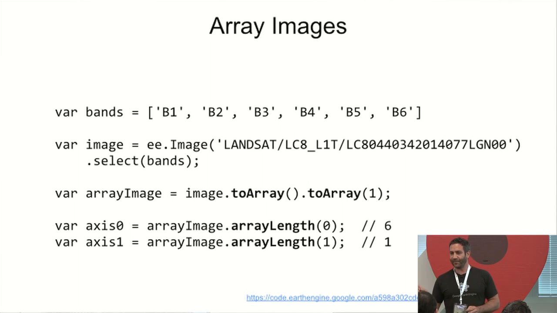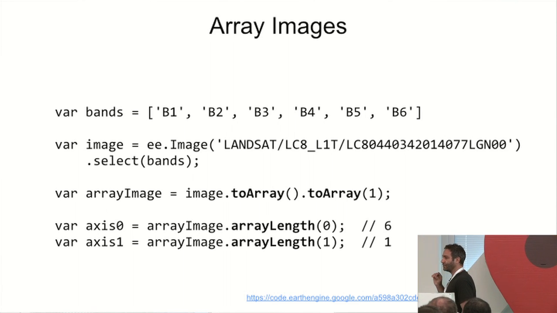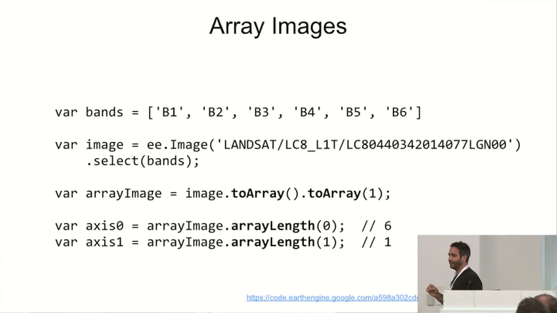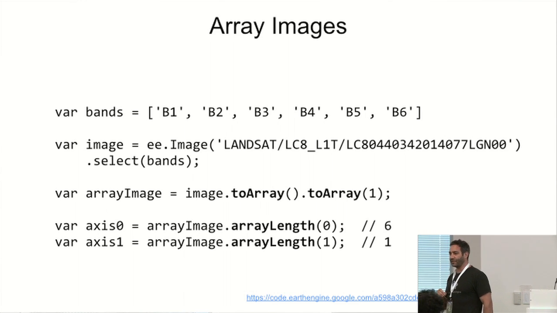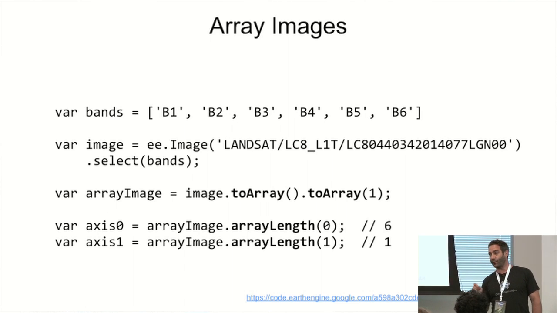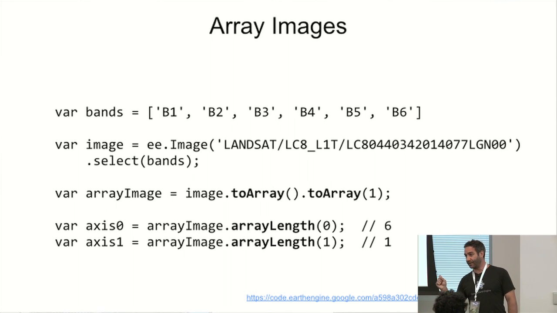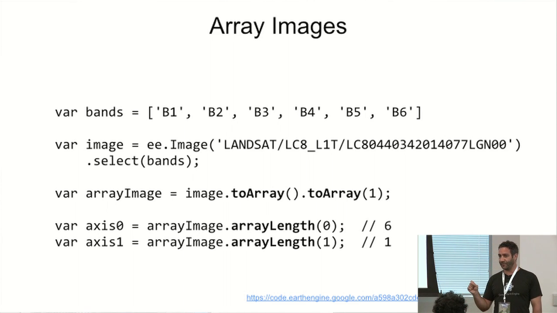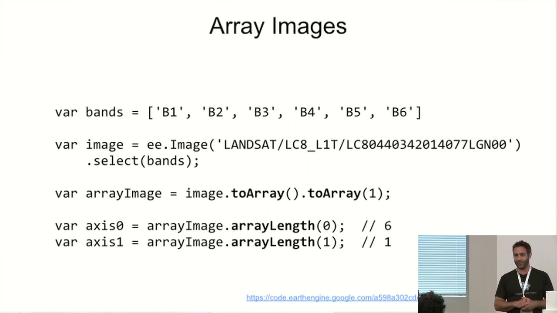So in the ee.Array package, you'll find all these functions for arrays. If you want to apply those functions to arrays that are stored in pixels, you have to use the corresponding function in the image package. That corresponding function will either start with .matrix if it's expecting a 2-dimensional thing in those pixels, or .array for a thing of arbitrary dimension in those pixels.